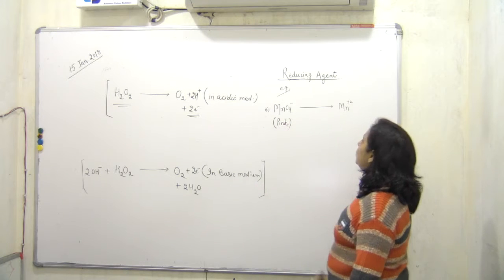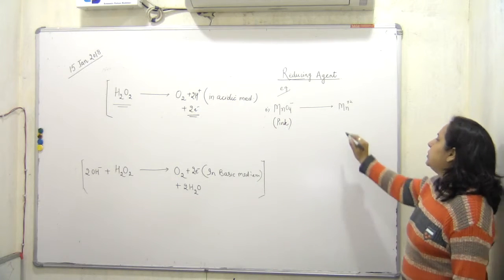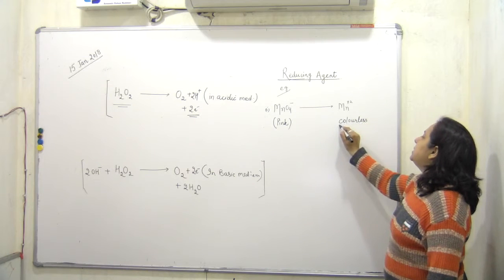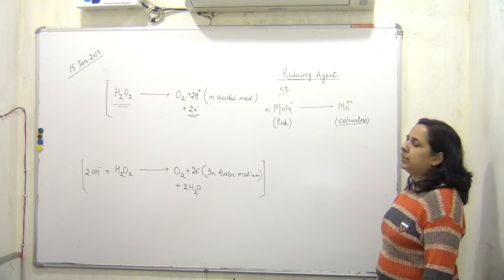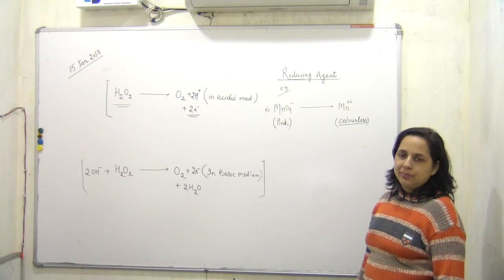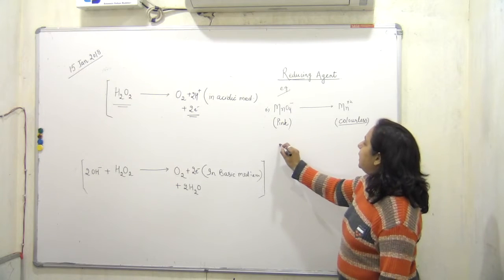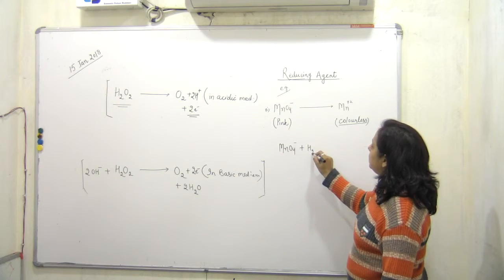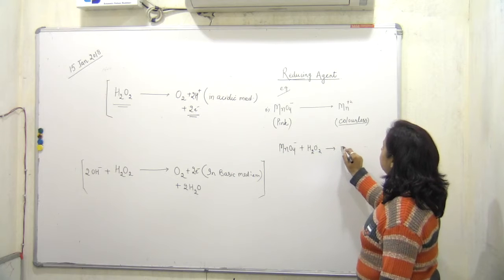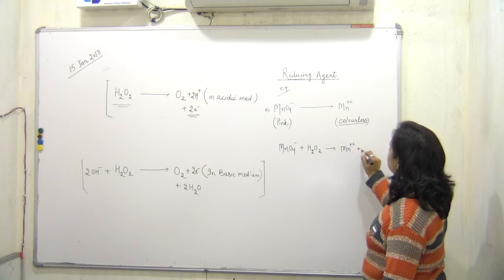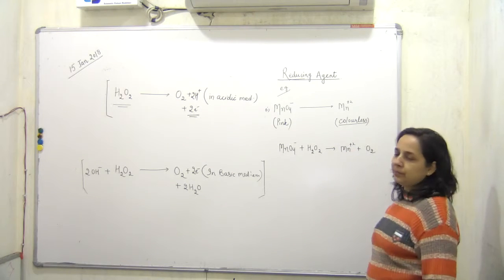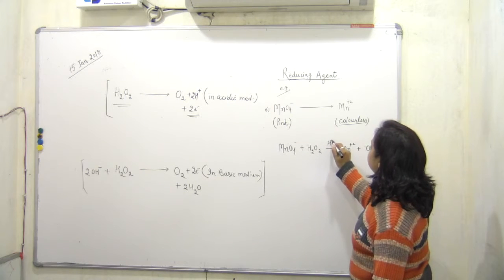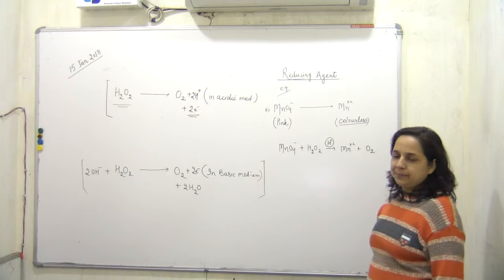It is reduced to manganese 2 positive, which is colorless, by hydrogen peroxide, and this can be used as a test for hydrogen peroxide. We can write the complete reaction as MnO4 negative plus hydrogen peroxide gives manganese 2 positive plus oxygen. And balancing can be done in acidic medium. H positive is the medium provided over there.